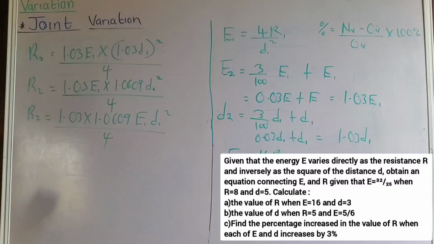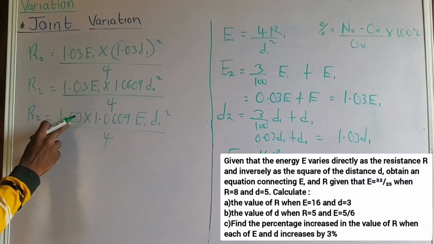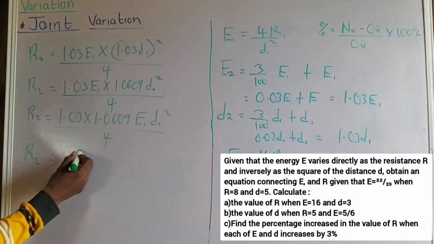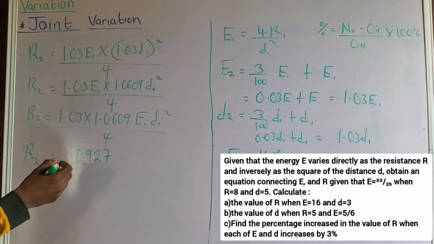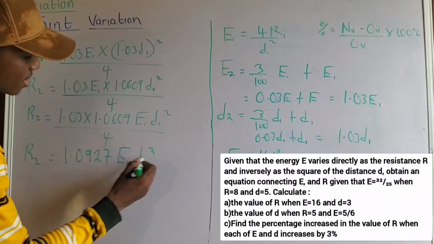Are you getting it? Now listen to me. I can rewrite this. 1.03 times 1.0609 is 1.0927, okay? 1.0927 E1 D1 squared all over 4.